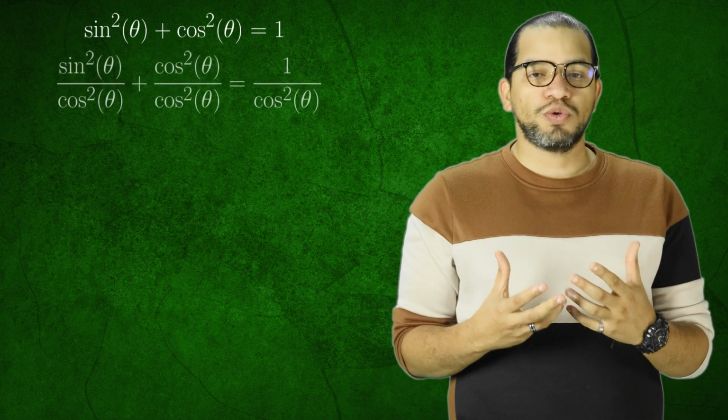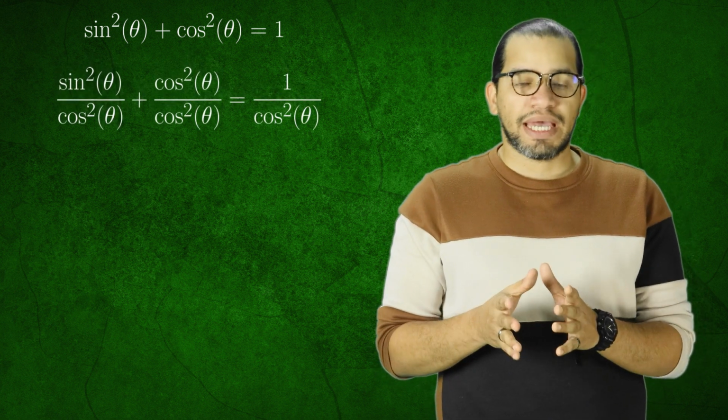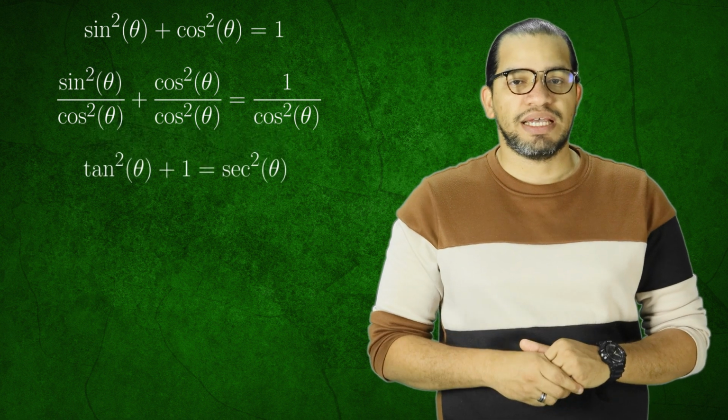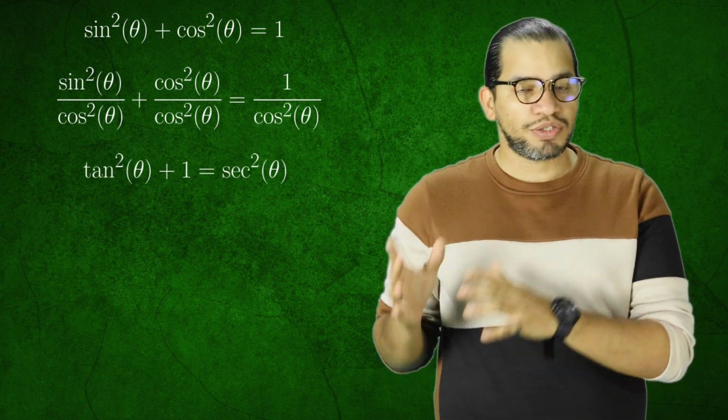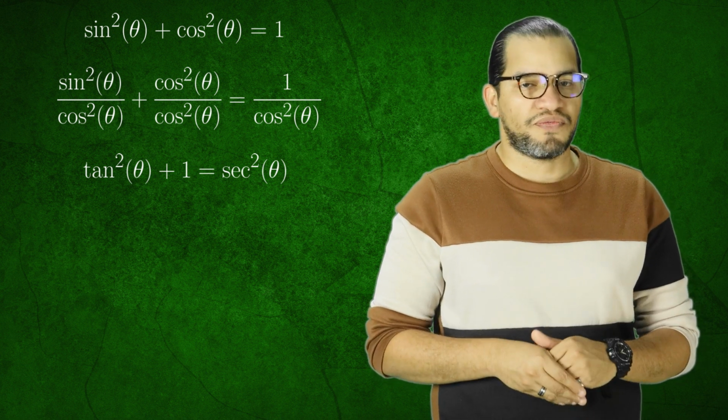From this trigonometric identity, we can generate two more. If we take this identity and divide both sides of the equation by cosine squared of theta, we get that tangent squared of theta plus 1 is equal to secant squared of theta.